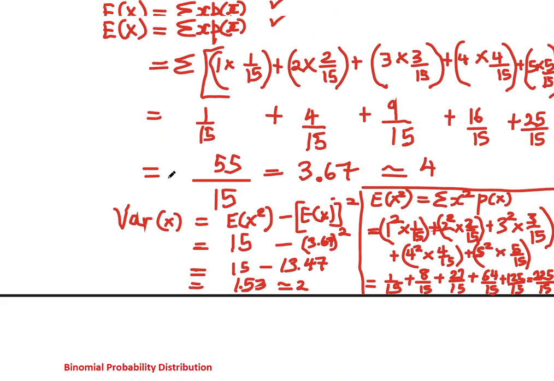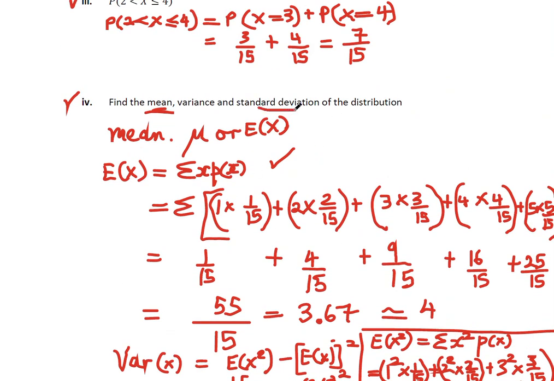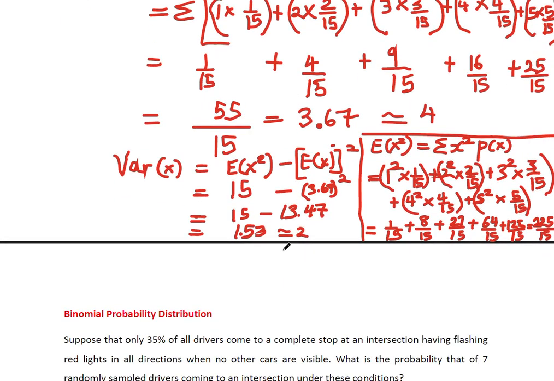And to find our standard deviation, which is the last thing that the question asks us to find, the standard deviation is always and everywhere equal to the square root of the variance. So I'm going to say here, therefore, the standard deviation of x is simply going to be equal to the square root of 1.53, and the square root of 1.53 will give us our standard deviation.